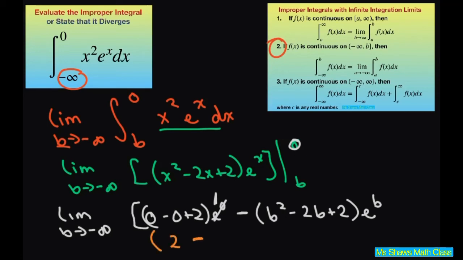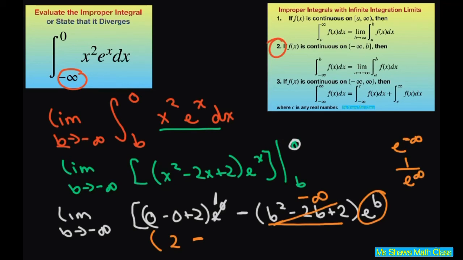Minus. Now, looking at this, this part's just going to be infinity. But this part right here is really going to be e to the negative infinity, which is 1 divided by e to the infinity.